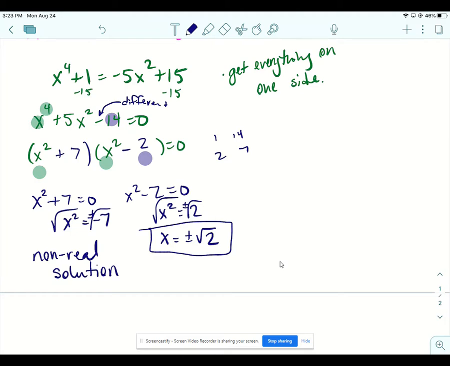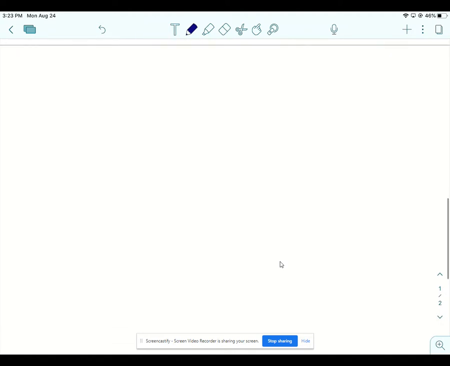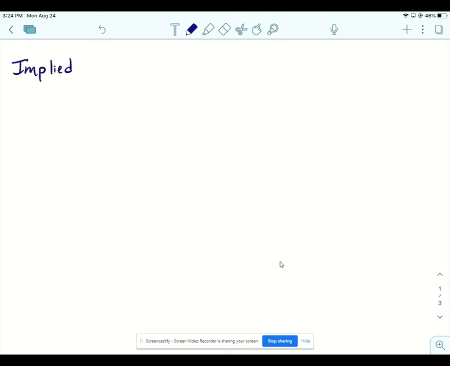All right, so the rest of the lesson is on finding what's called the implied domain. When you first learned about Algebra 1, you probably just learned it's the x values, or the input values. As we get more advanced, there's an infinite number of those, so we can't list them all.